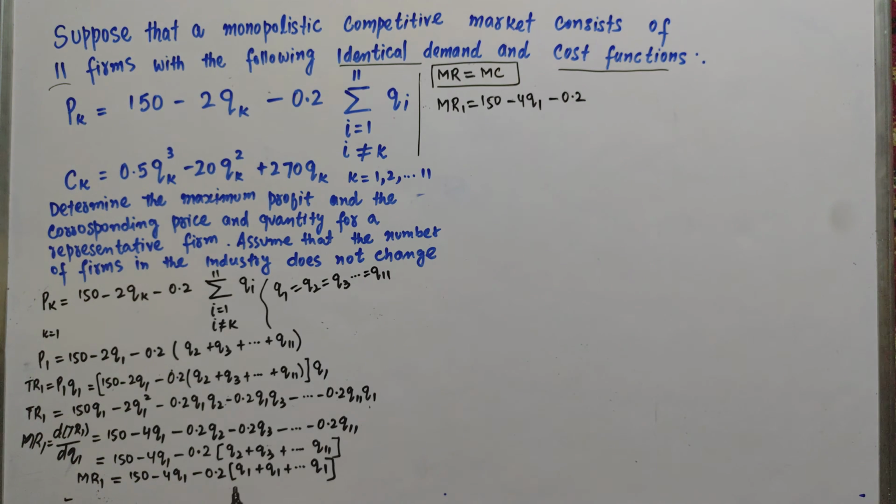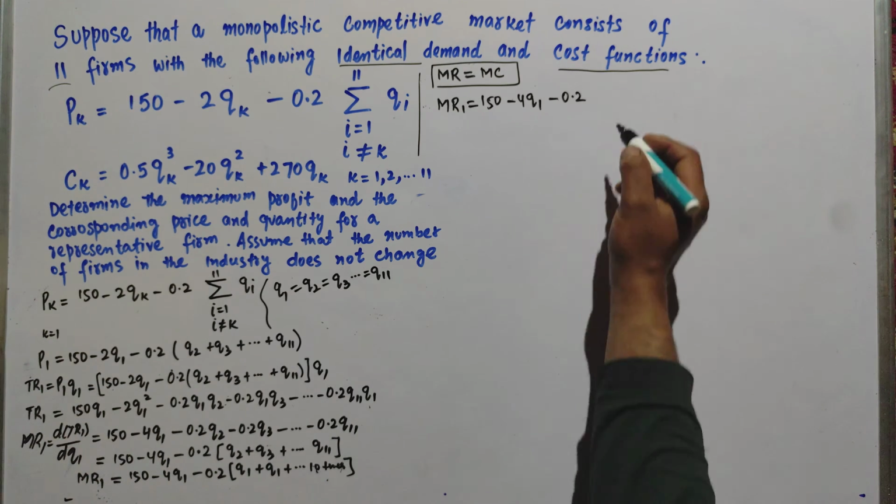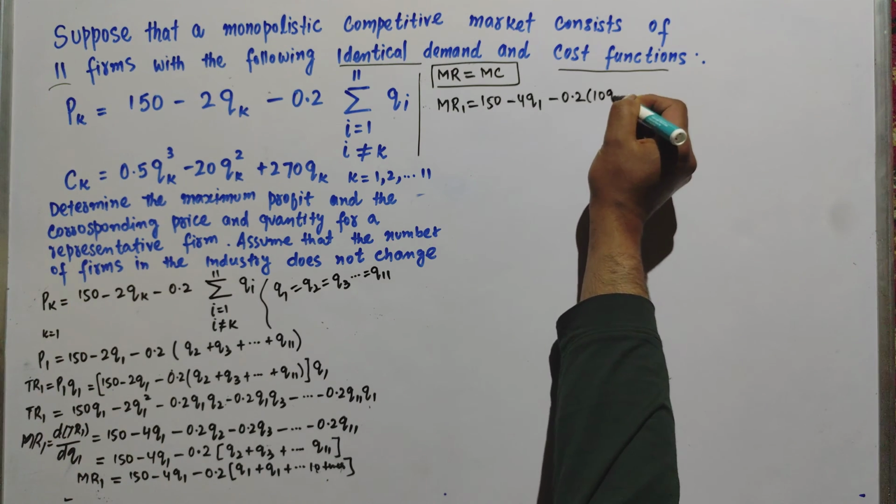which means marginal revenue of firm 1 will be equal to 150 minus 4 Q1 minus 0.2. So we have Q1 up to 10 times because we have Q2, Q3 up to Q11. Sorry, it will be up to 10 times, so which will be equal to 10 Q1.